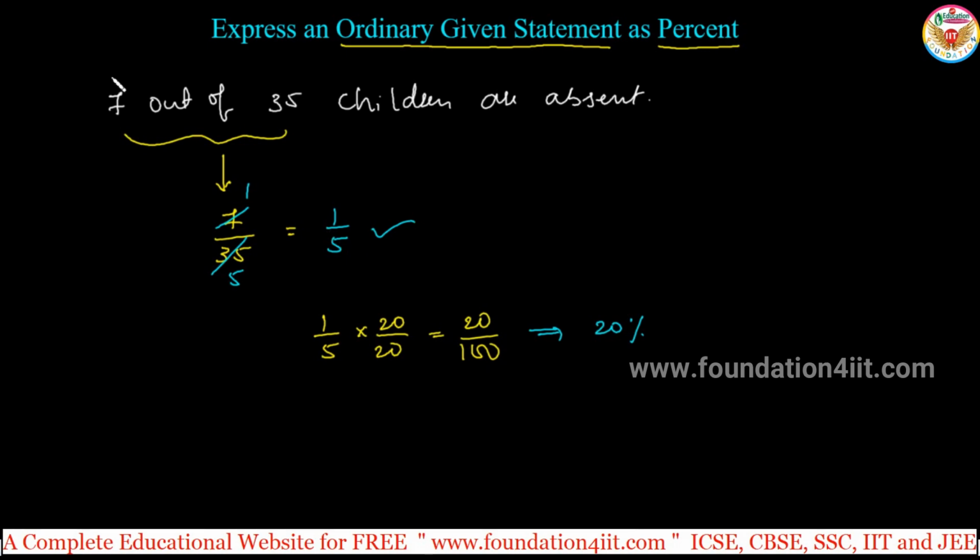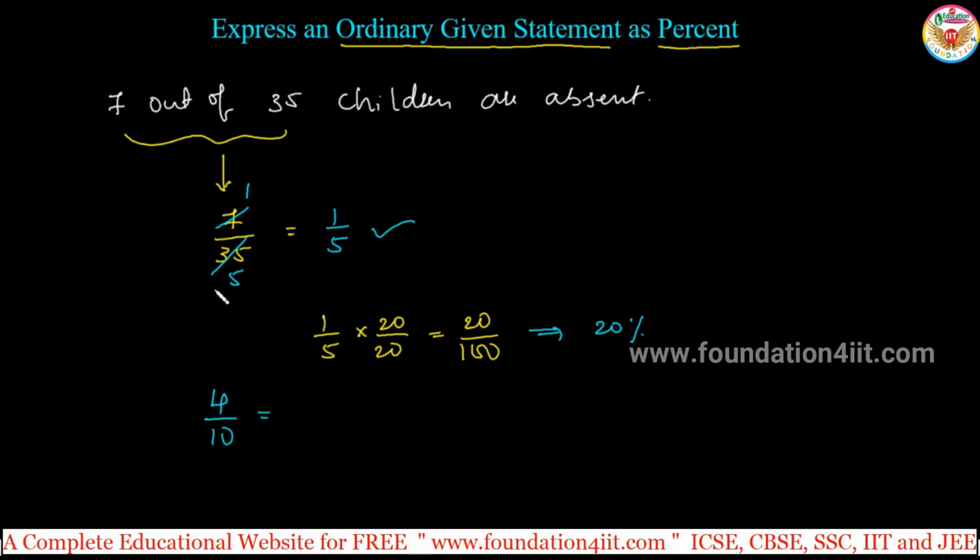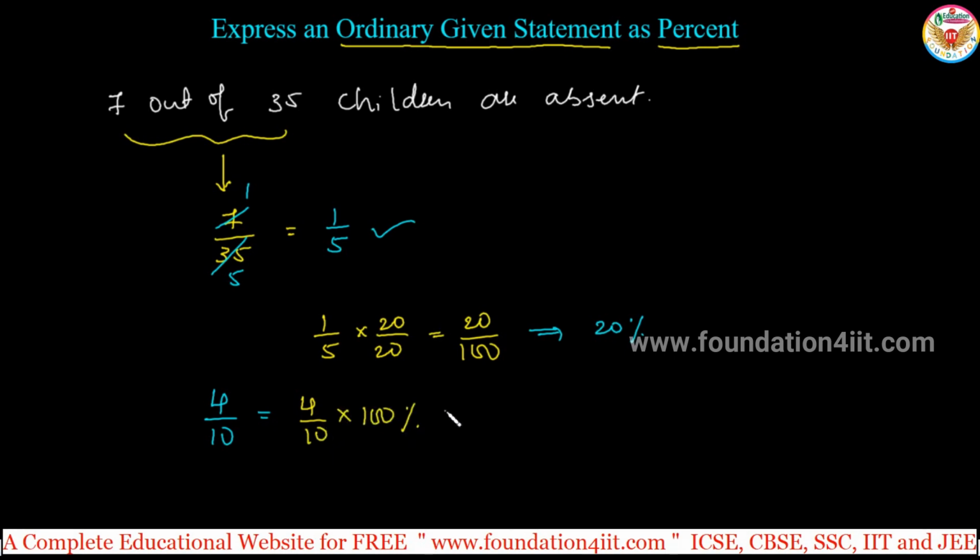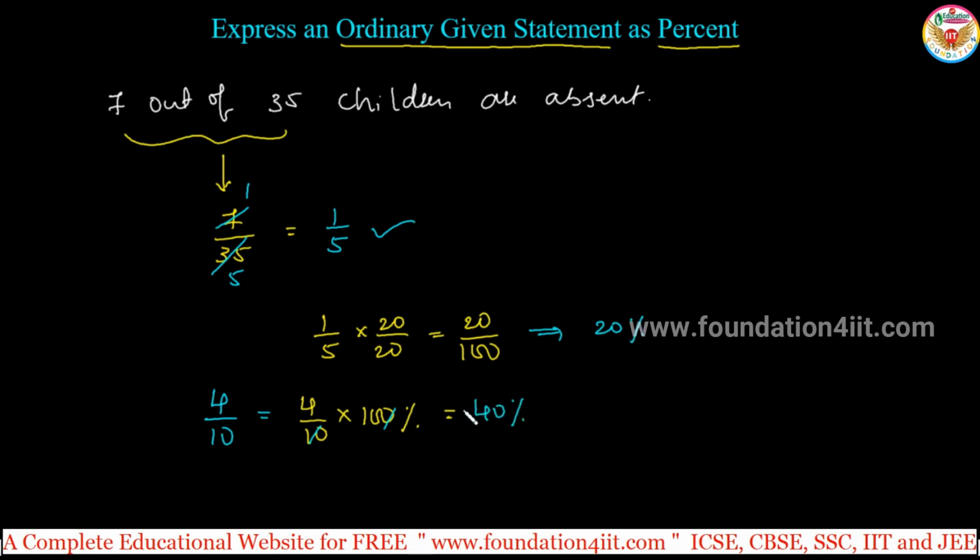In that case, to convert into a percentage, say 4 by 10, just take 4 by 10, multiply with 100, and keep the percentage symbol. 4 by 10 into 100: cancel the zeros, 4 into 10. So 40%. 4 by 10 is nothing but 40%. Even here it's the same.